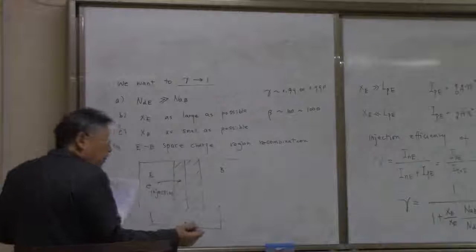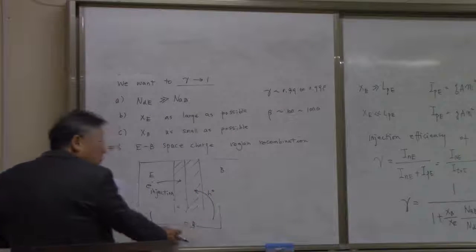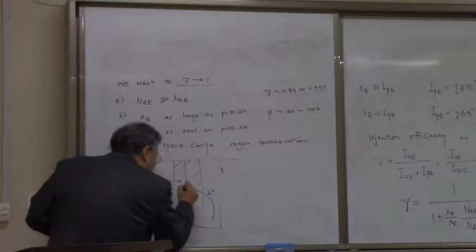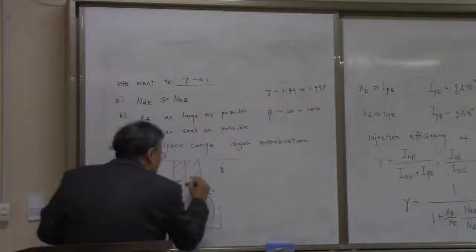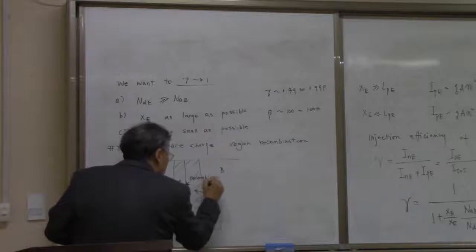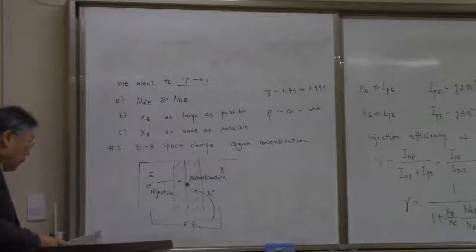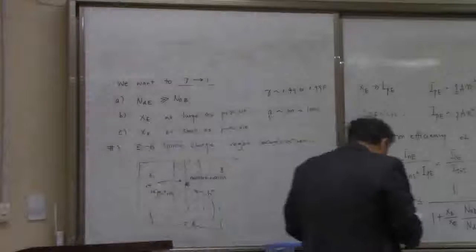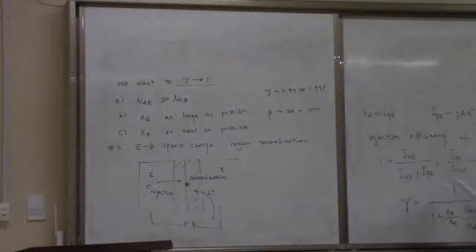And we also have injection of holes with this forward bias. So there should be some recombination at the space charge regions. That's what we are going to talk about. And in a diode, we already discussed this, right?